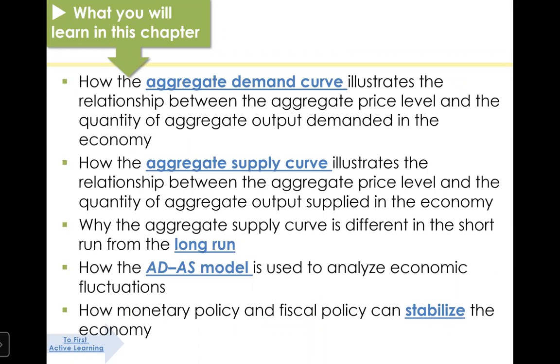We are going to start with the aggregate demand curve and then aggregate supply. I want to emphasize that when we look at aggregate supply, we want to differentiate between short run versus long run, and we are going to start with the short run.